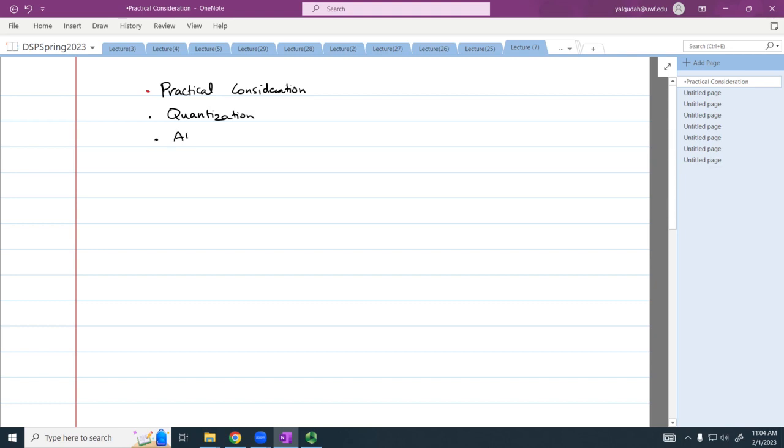We're going to look at aliasing. And we're going to look at down sampling and up sampling. Okay. So with that, we start with the practical consideration.